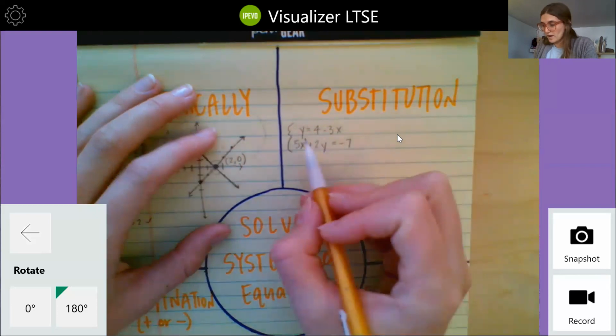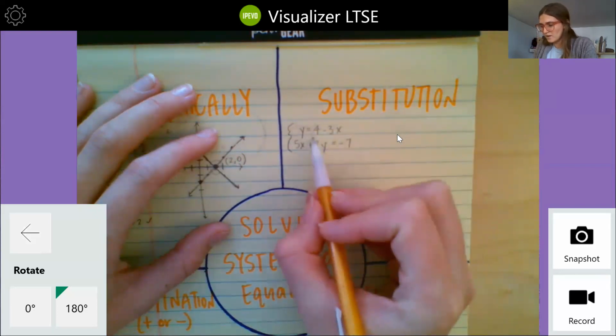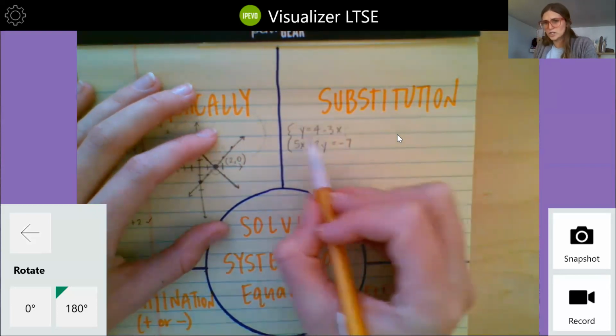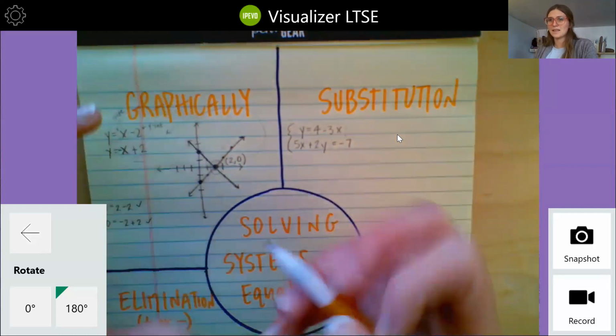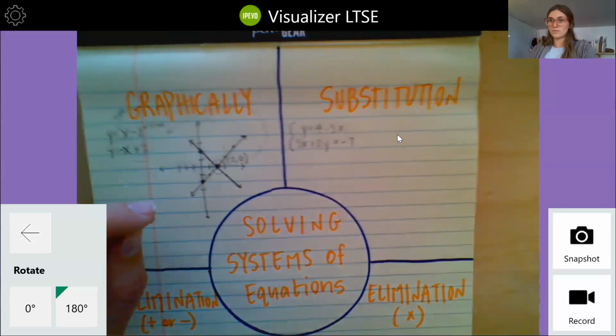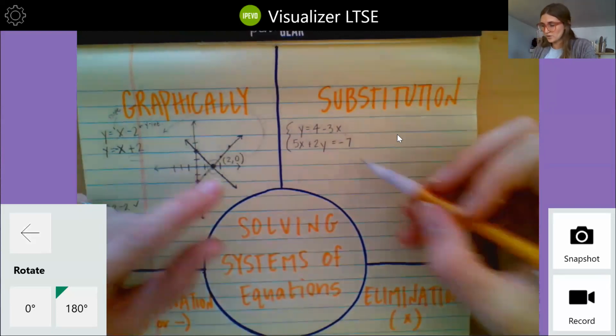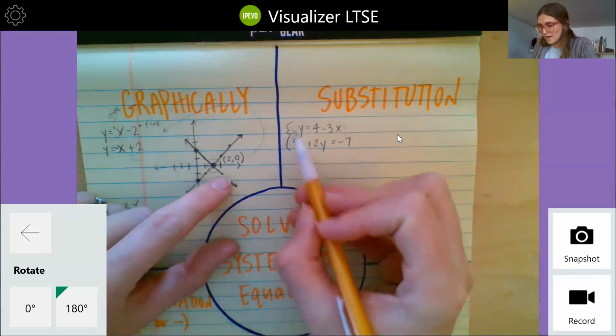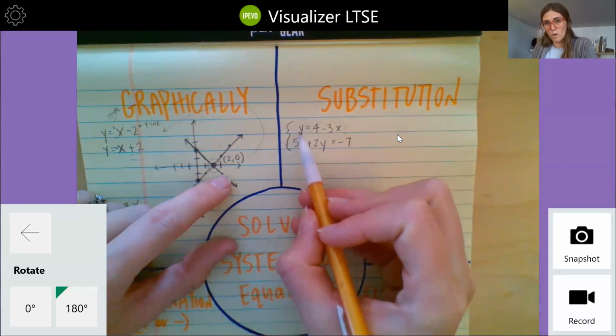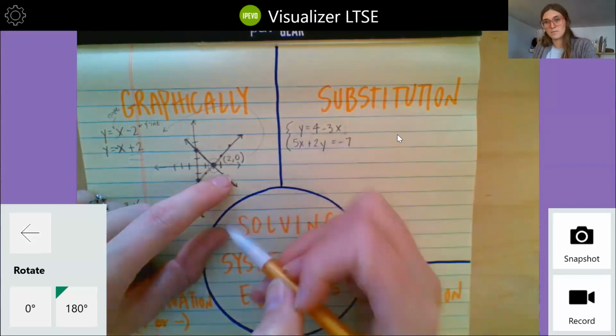So first I want to identify which one of these equations is showing me the value of one variable, or what one variable looks like. So here I have a variable all by itself on one side of the equal sign. I have y equals this.